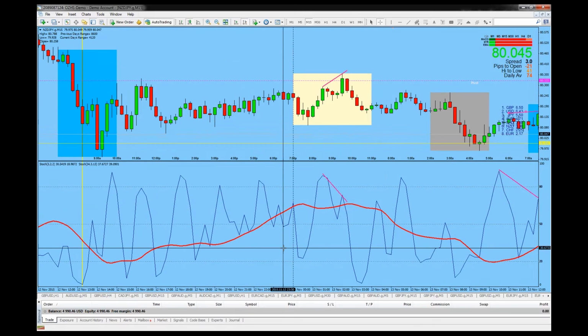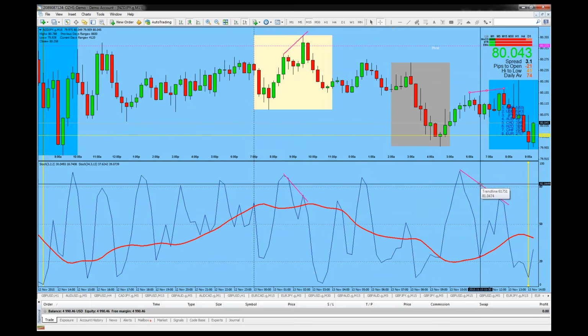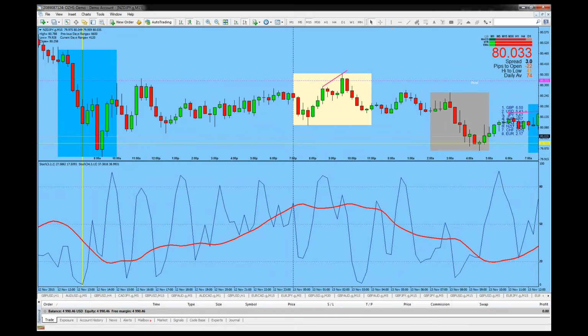The other aspect of this too, if you're comfortable with it, is with the fast settings on the stochastic, you can also double check your trades by using trendline breaks. All right. So we'll just draw a couple of simple ones here. We went from this peak to this peak. And here's our peak below, but there's our trendline break for a long trade.